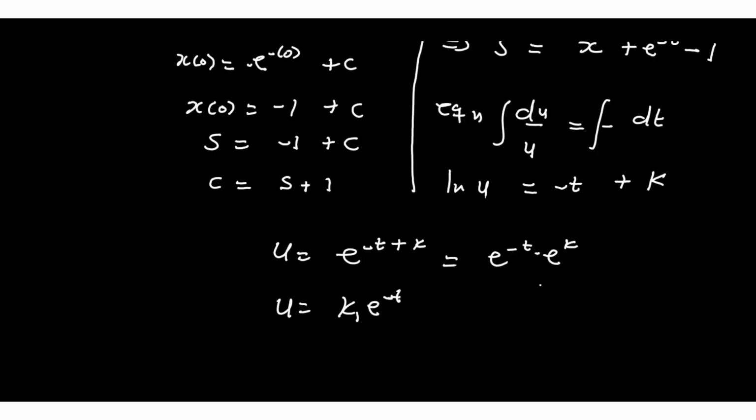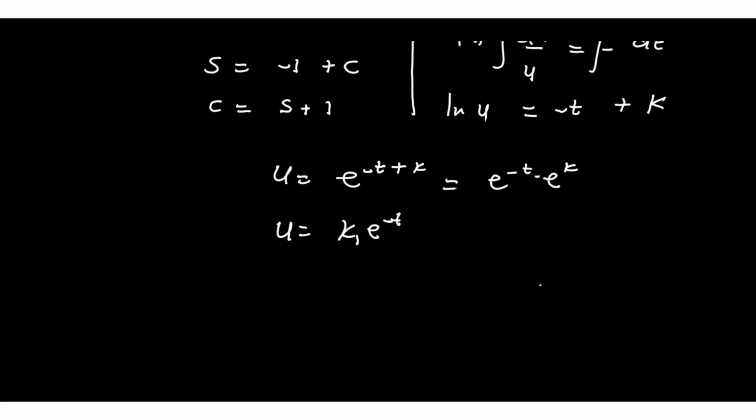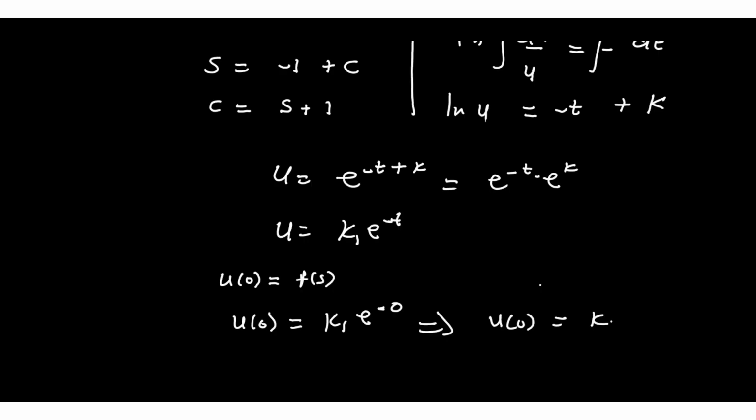Now we apply the initial condition to be able to find k1. When we apply the initial condition, u of 0 is equal to f of s, so we have u of 0 equal to k1. Wherever we see t, we put 0 there, so we have negative 0, and that will give us u of 0 equal to k1. But we know u of 0 is f of s, so we have k1 equal to f of s.